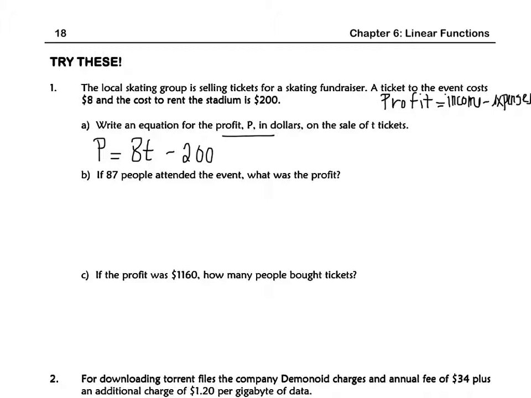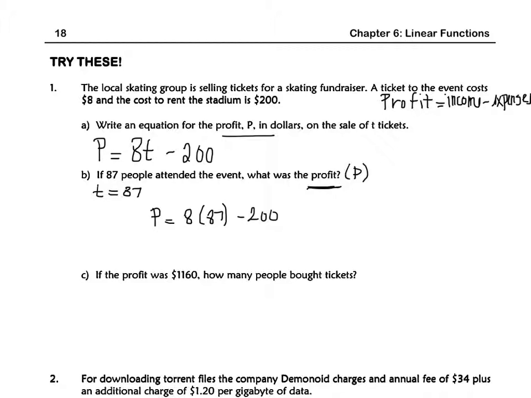So in question B, when they say if 87 people attended the event, what was the profit? You're looking for the profit, so you're looking for P. And you know that T is 87. If 87 people attended, that means 87 tickets were sold. So the P value, when the T value is 87, would be your profit.